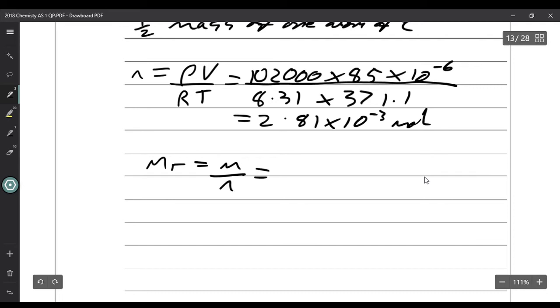The mass of the liquid we had was 0.21 grams, and we just did that by calculating from the mass of the syringe before and after injection. The number of moles is 2.81 times 10 to the minus 3, and that comes out to be 74.7.